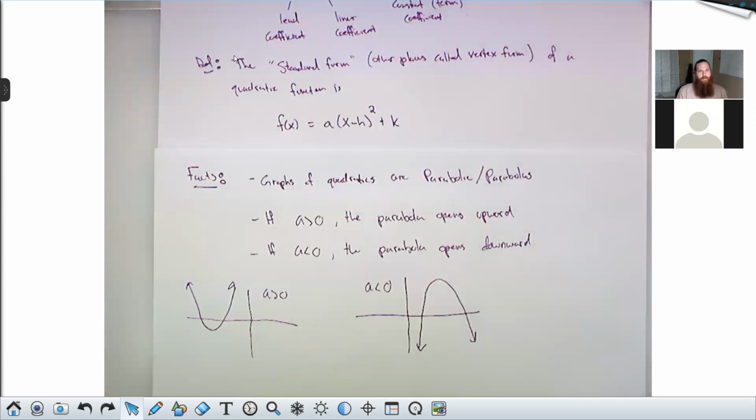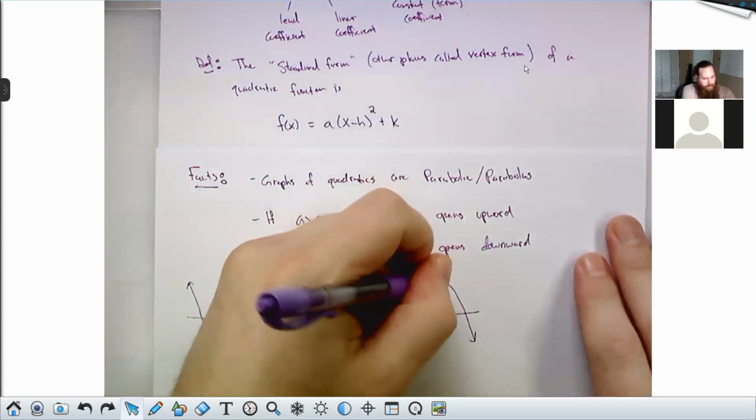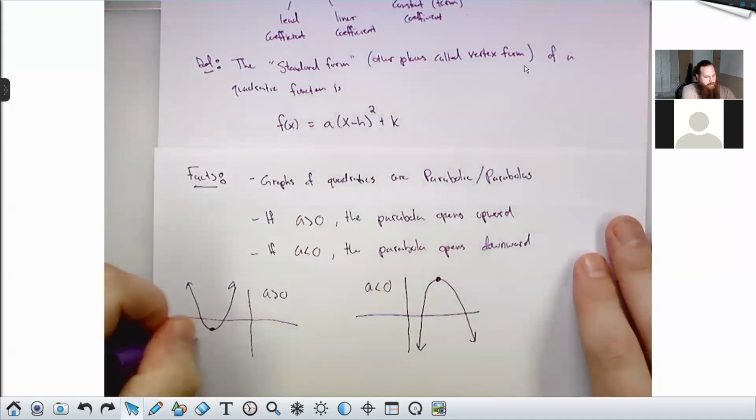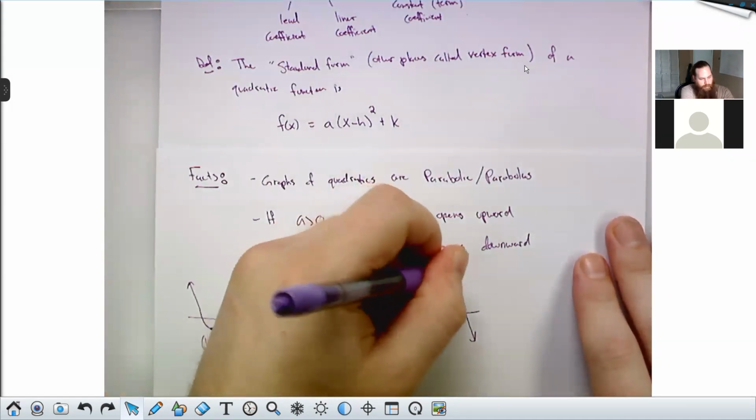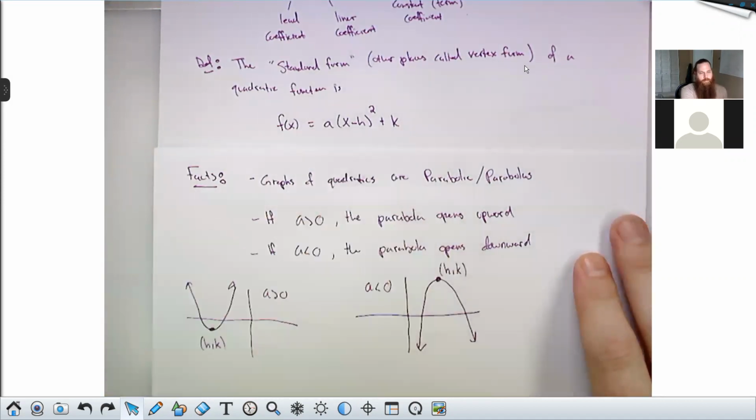The reason this is called the vertex form usually is because the point here, or in this picture, the point here is always h comma k, where h and k are those numbers from the standard form.